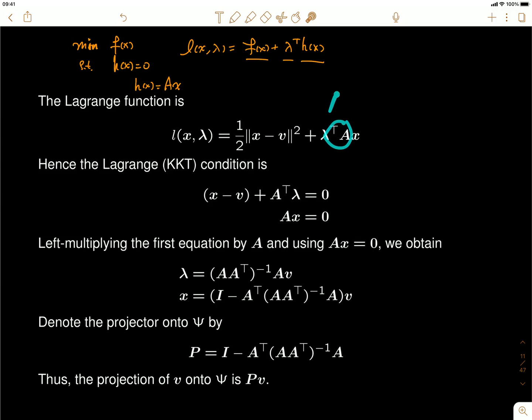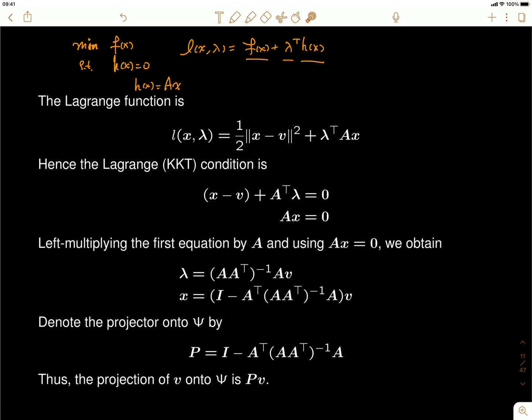This is A transpose lambda together, transpose times x, so when we take the gradient with respect to x, we just have A transpose lambda left. That's the first condition. The second condition is to take the gradient with respect to lambda, and we get Ax equals 0. The second one is just the original constraint, Ax equals 0.